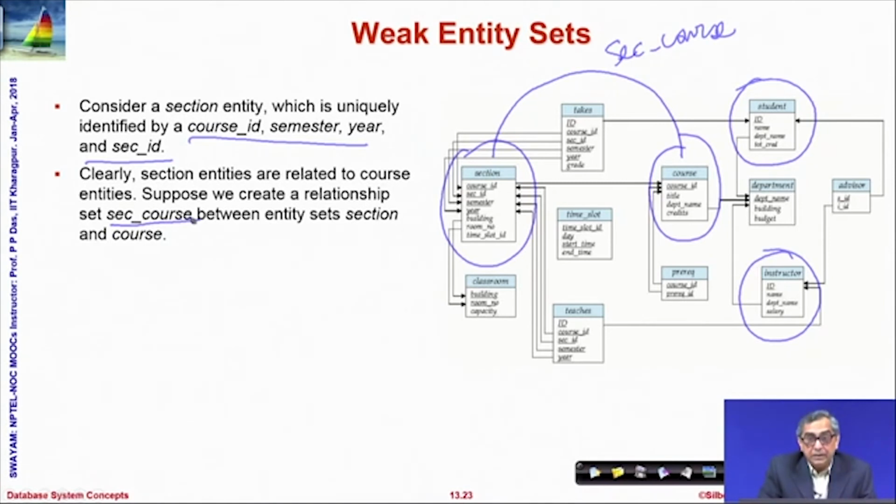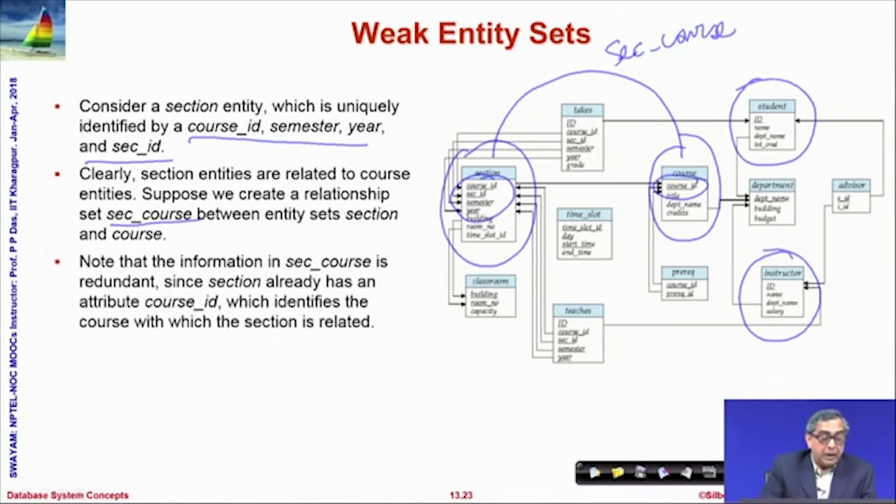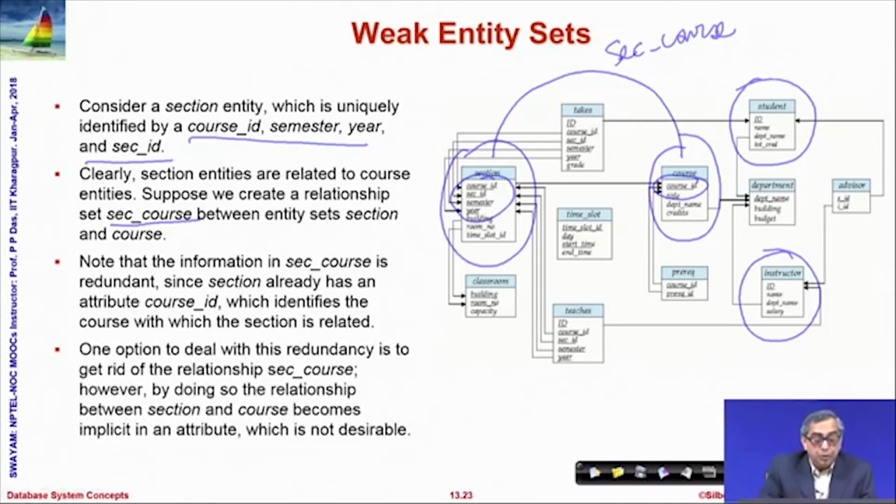Now, what will it relate? It will relate the course ID of the course with all of these, but the course ID is already there as a part of the section. Right? So, you would say that well, it is not required to have the course ID, since it already has that and it identifies it. So, can we remove this course ID from here?